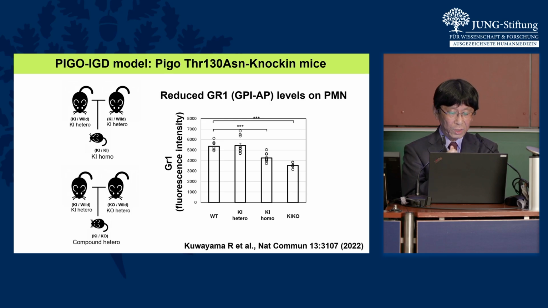We also generated the heterozygous knockout mouse and mated it with the heterozygous knock-in mouse to obtain the compound heterozygous knock-in knockout mouse, which is more severe. So in those knock-in homozygous and knock-in knockout heterozygous mice, GPI-anchored protein levels are significantly reduced on the blood cell surface.